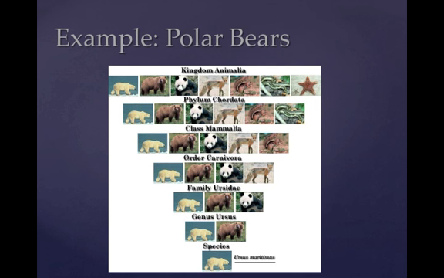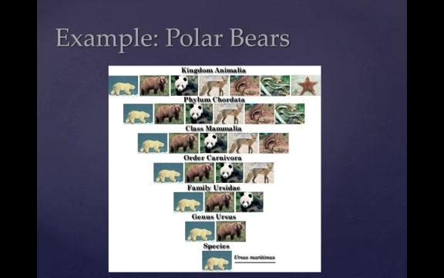As we go down, the number of types of animals in those categories gets fewer and fewer. When we get to Carnivora, we've dropped out the starfish, the snake, and the squirrel. And all the way down at the bottom, the only thing there is the polar bear.